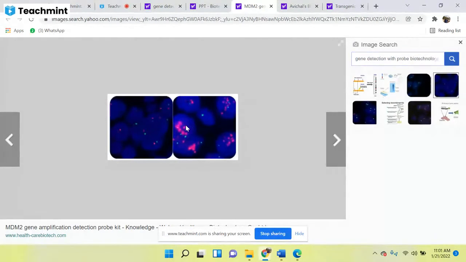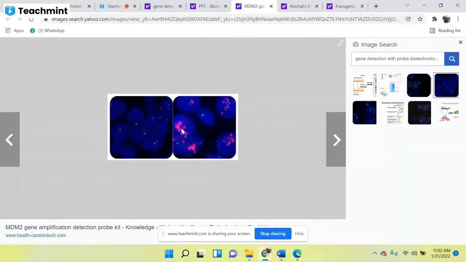Different detection procedures are there using which we can get the signal. So if we are getting this pink signal for a particular probe, then we can easily say that this particular mutation is there within this tissue. You just see, these are the signals. This pink color signal is representing that this probe has got its complementary sequences.